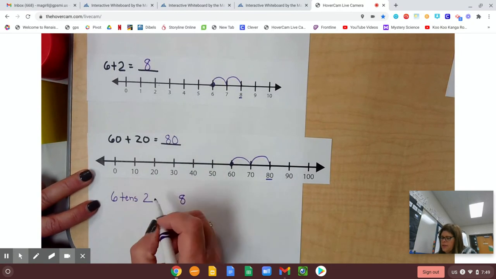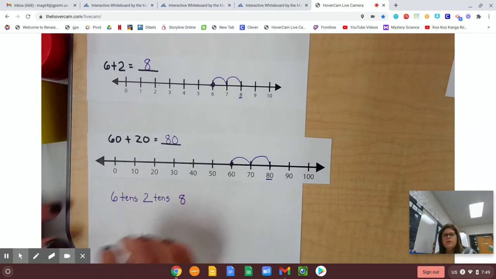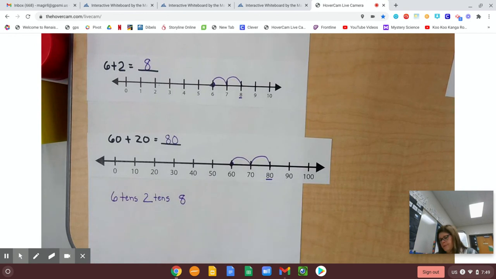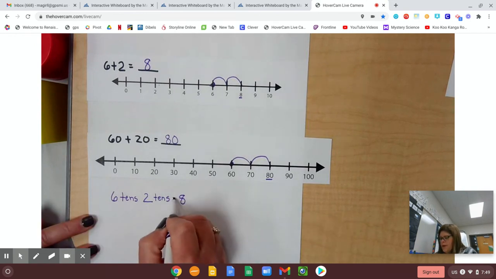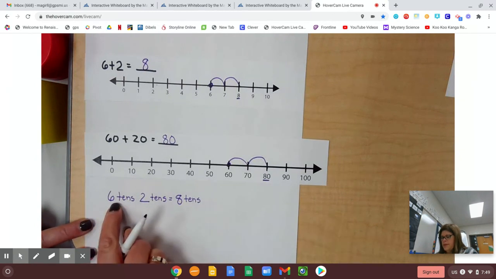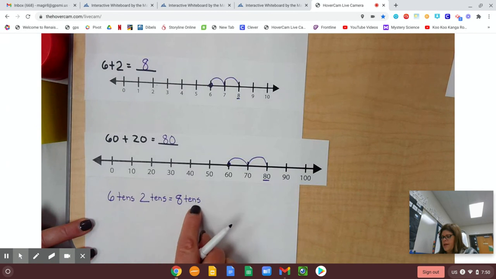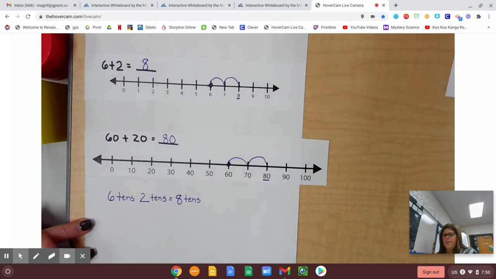And 20 is really 2 tens. 2 of those long sticks. And then they equal 8 tens. So 6 tens and 2 tens equals 8 tens, and 8 tens is the number 80.